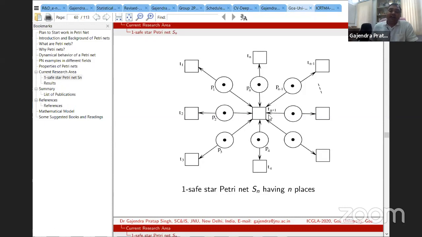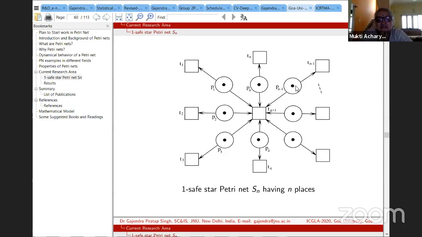The central transition and the pendant nodes we take as transitions, and the subdivision of the arcs or edges we take as place nodes. Suppose we have K1,n where the center node and all pendant nodes are transitions, and the subdivisions of the arcs are the places, and we orient them as shown in the picture.